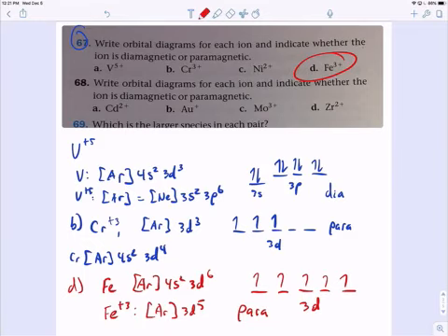So 2 from the 4s and then 1 from the 3d. That's why it's 3d5. And they're all unpaired, so it's very paramagnetic.